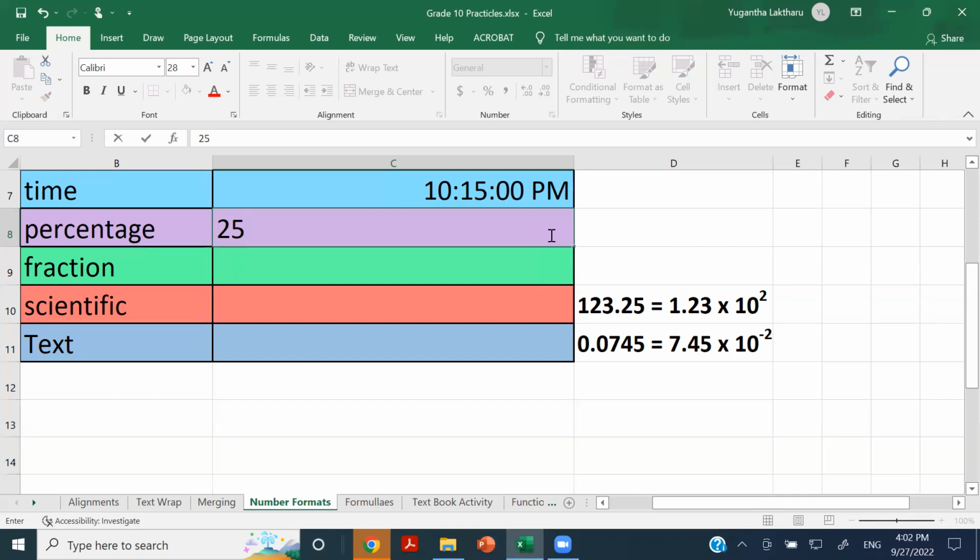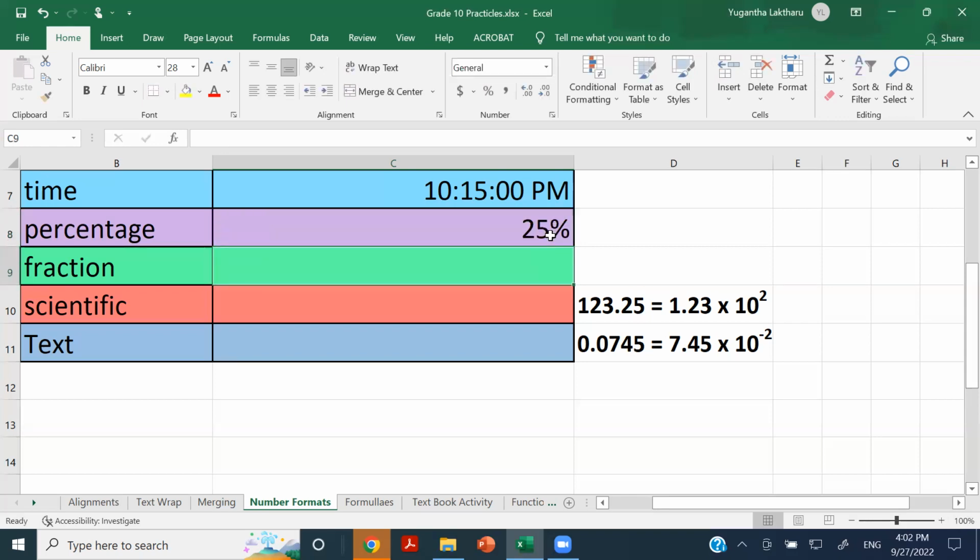So after the class. If I type it like this, 25%, it's going to show you 25%. And if you want to say 75%, once I type 75%, see, it has automatically formatted the cell accordingly.